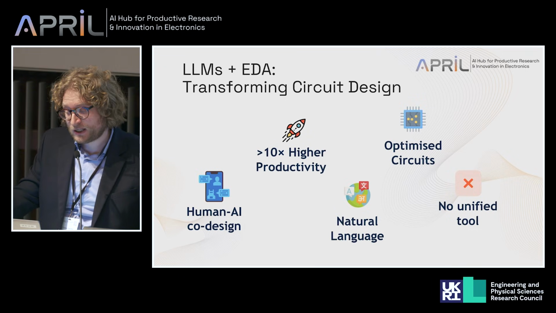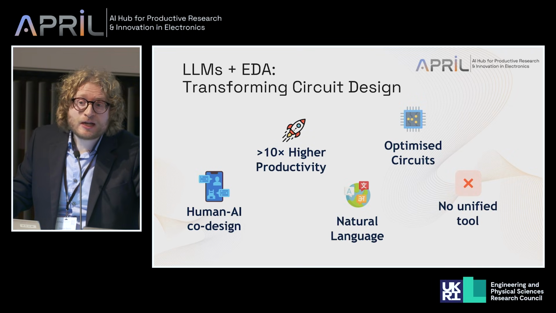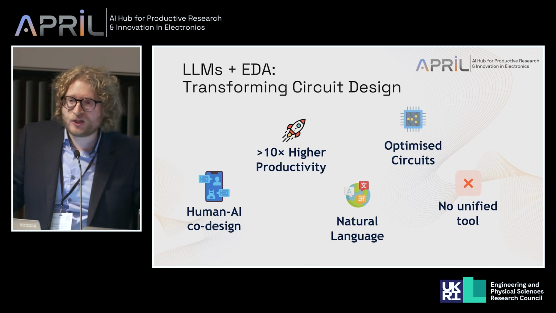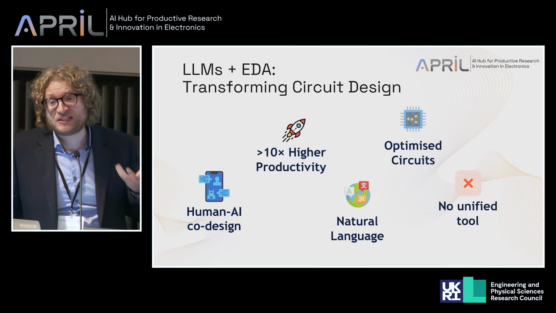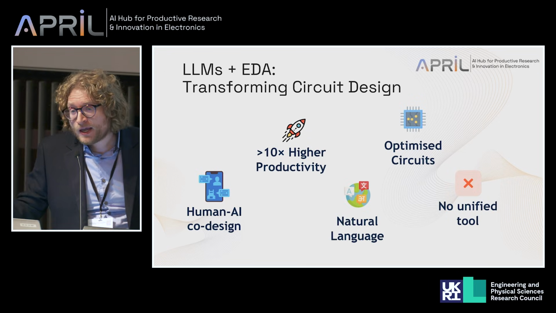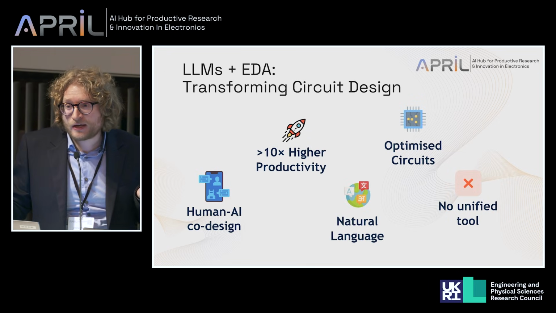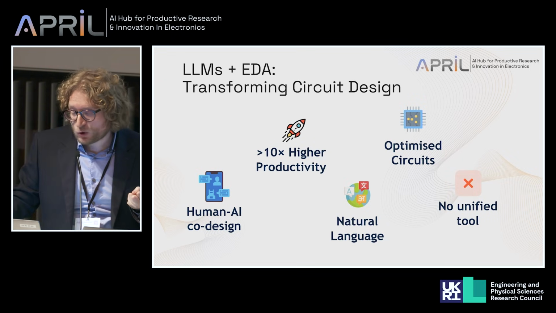Obviously, the fact that we use large language models allows us to abstract the way in which we ask the tool to design a circuit. We use just a text specification. We describe what we would like, what specification we would like to satisfy, and hopefully we will get the proper implementation.